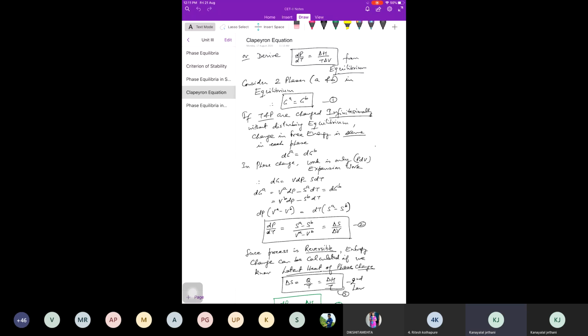So if you take dP on one side and dT on one side, what we'll get is dP into bracket VA minus VB equal to dT into bracket SA minus SB. And if we divide, we'll get dP by dT is equal to SA minus SB upon VA minus VB. That is nothing but delta S by delta V.